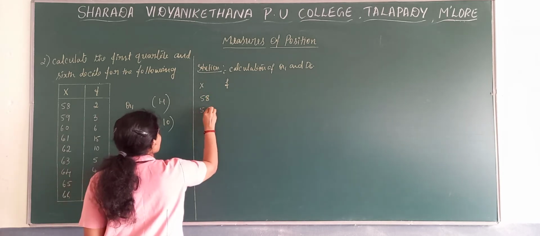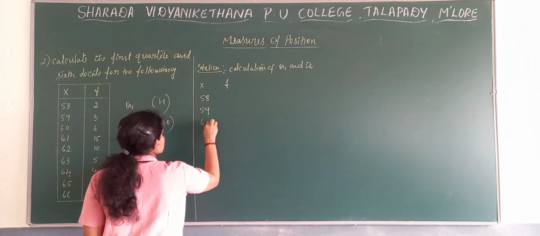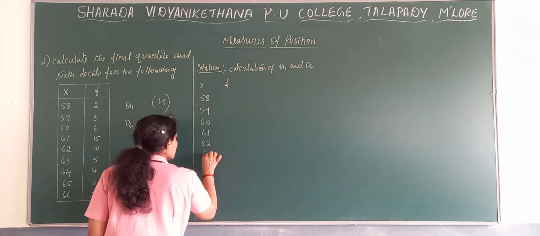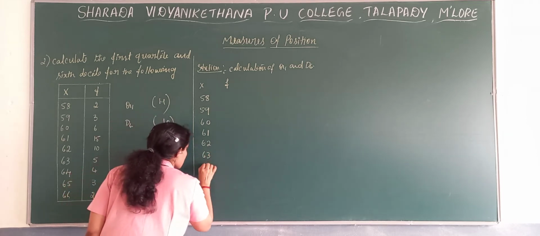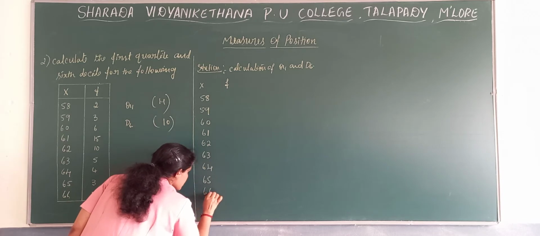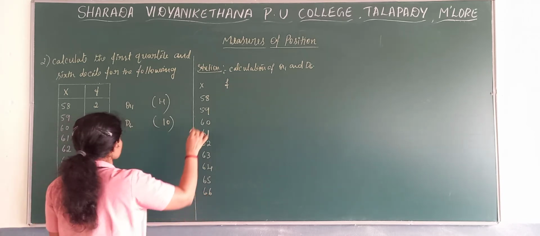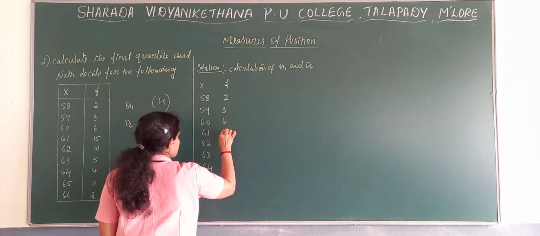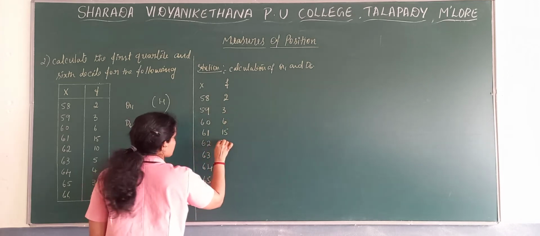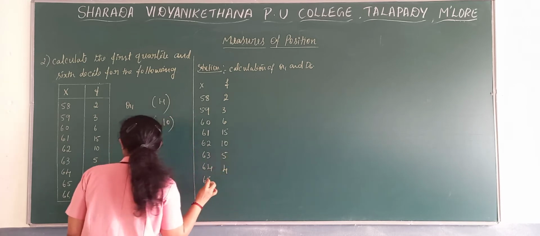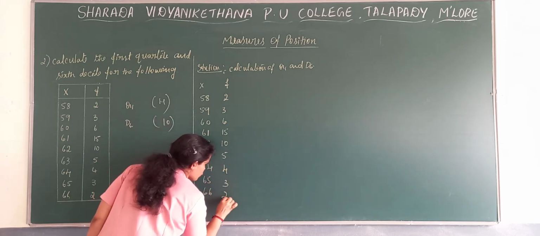The variable values are 58, 59, 60, 61, 62, 63, 64, 65 and the last one is 66. Then take the frequencies: 2, 3, 6, 15, 10, 5, 4, 3 and 2.